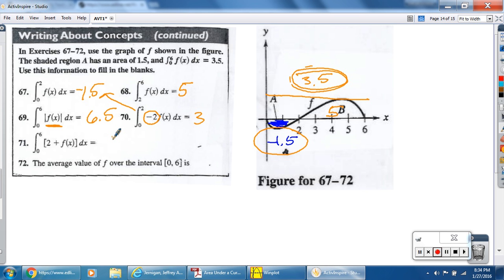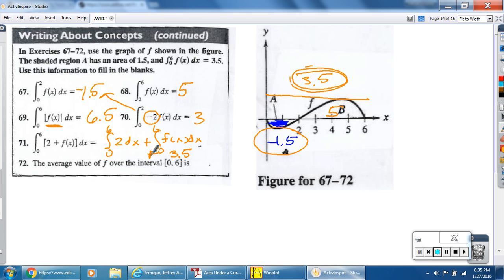Using my properties of integrals for 71, I'm going to say that that's the integral from 0 to 6 of 2 dx plus the integral from 0 to 6 of f of x dx. Now we know that the area from 0 to 6 is 3.5. That was given.